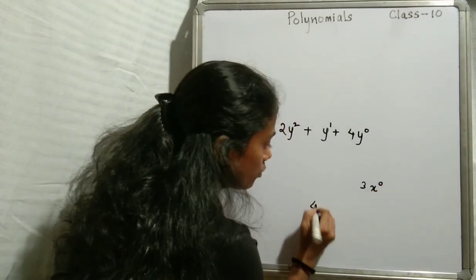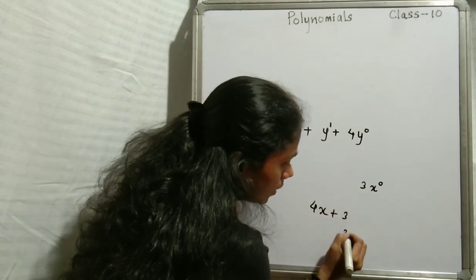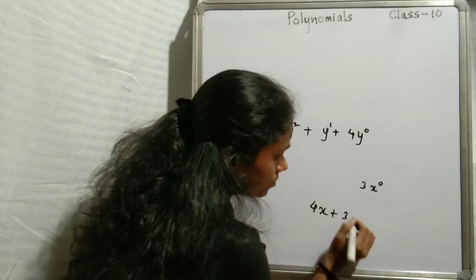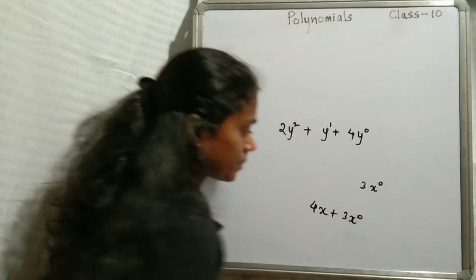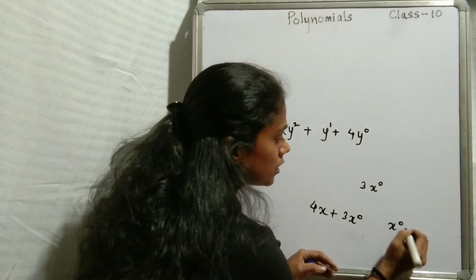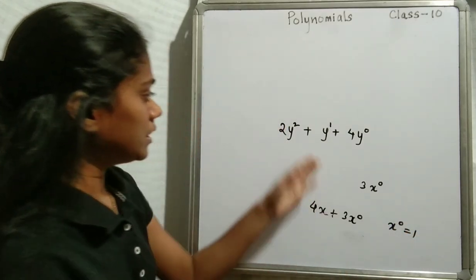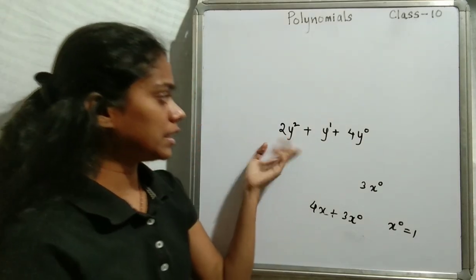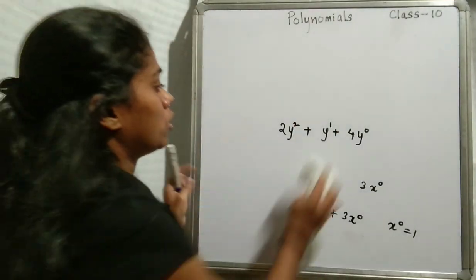Suppose I have 4x plus 3, that means 3 is multiplied to x raised to 0, and we know that x raised to 0 is 1, right? So in this case the degree of this polynomial is 2. Okay, so these are two examples of polynomials.